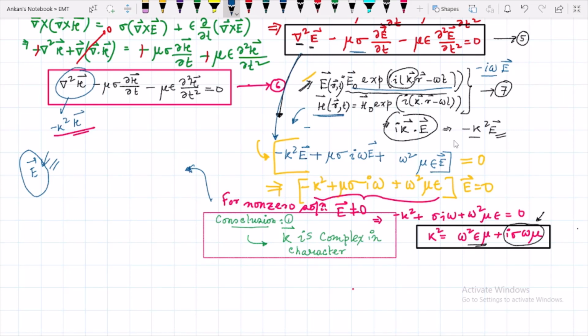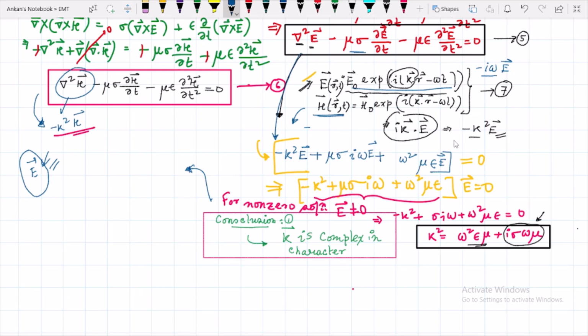So the light vector can be taken to be the electric vector because of the major contribution of the electric field to the light. So I have taken the solution of the electric field for discussing the conclusion obtained from the conducting medium. You can also obtain the conclusion by applying the magnetic field, but the discussion for the electric field is more crucial and important.